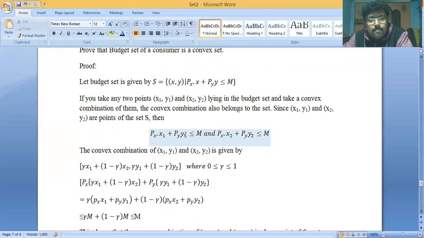Now we take Px times gamma x1 plus 1 minus gamma x2, and again Py times gamma y1 plus 1 minus gamma y2, as the convex combination.